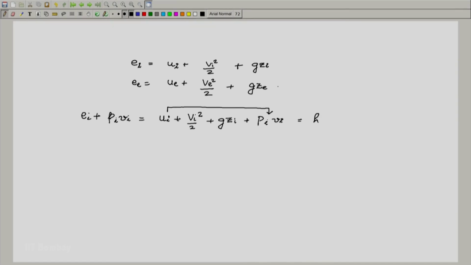So, it is HI plus VI squared by 2 plus GZI. Similarly, I will just write EE plus PE VE as HE plus VE squared by 2 plus GZE. So, overall now we will have the following expression.